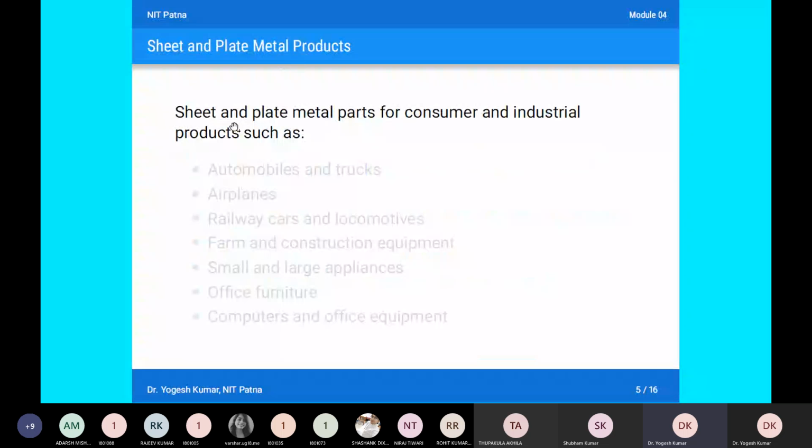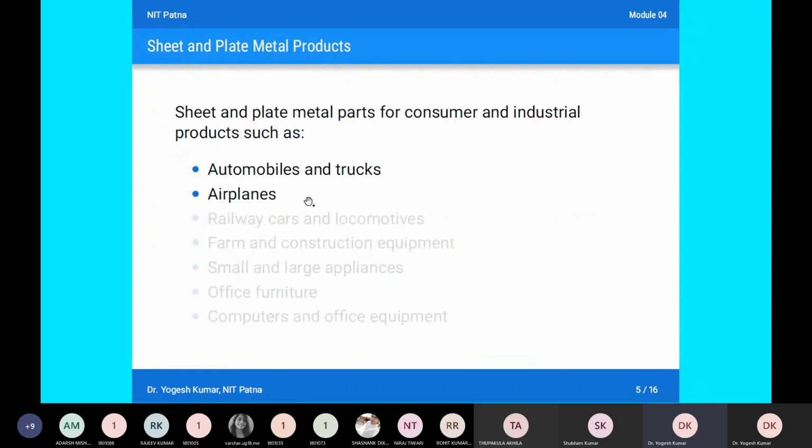Before going deeper, we will discuss the different sheet and plate metal products. I have listed a few metal parts or products which you normally see in your daily routine. You can see sheet metal products in the automobile industry or trucks.